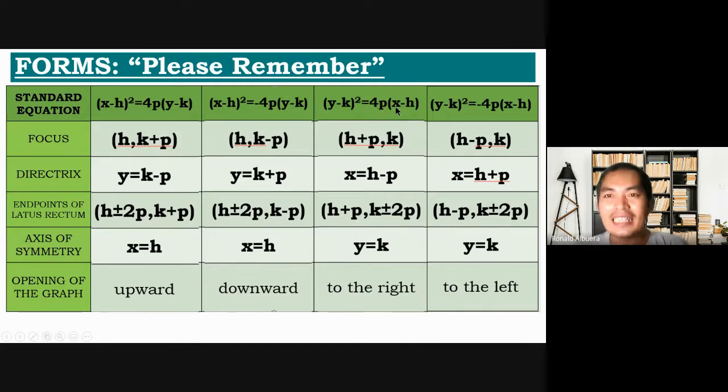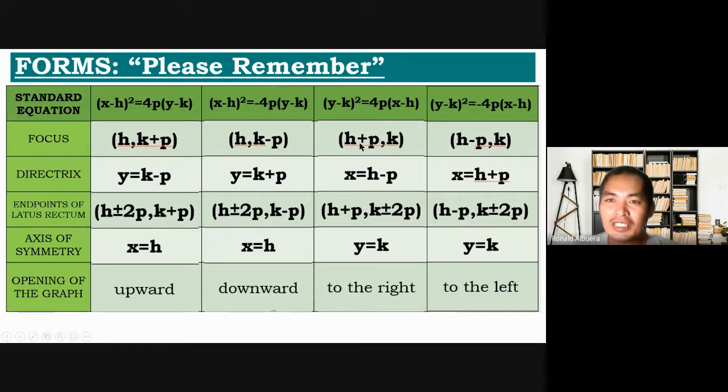X. Meaning, the value of p is added to the x value of the focus. If you notice here, h plus p or h minus p. Why minus here? Because of the direction of the graph, or the value of p is negative. So, h minus p.